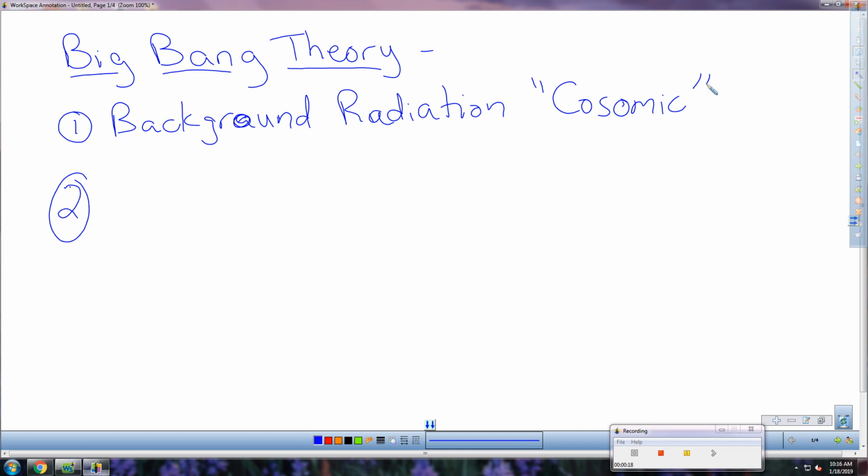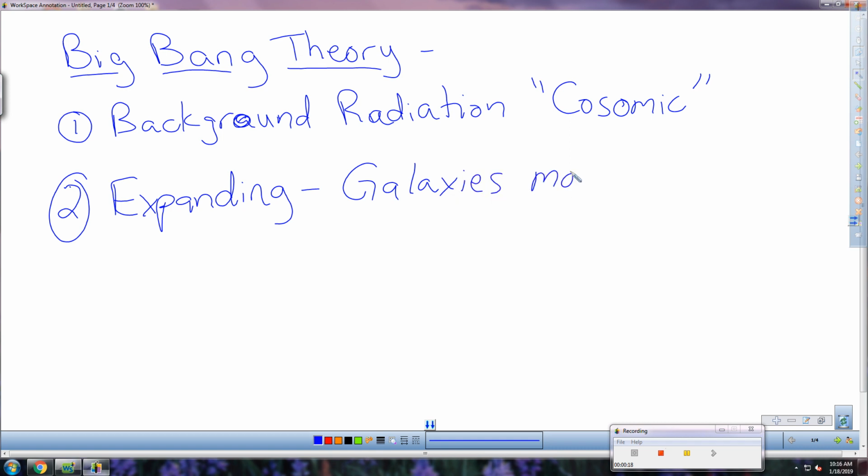The second thing is, and Harrison alluded to it, we are expanding. And how do we know that we are expanding? Well, there is no edge, but we actually have physical data because when we look at galaxies, all galaxies are moving away from us. So if everything is moving away, that must mean that everything is getting bigger and bigger.